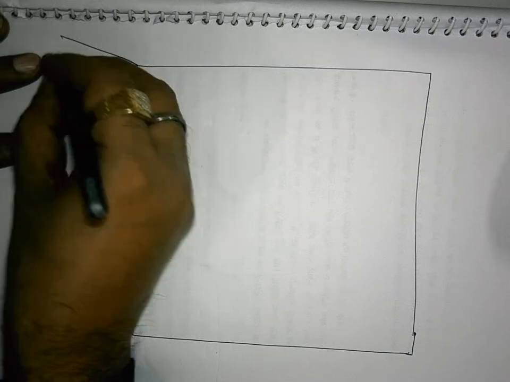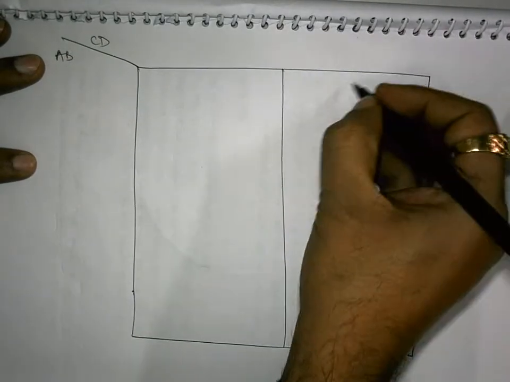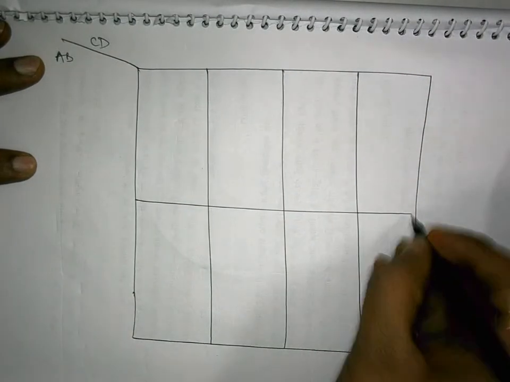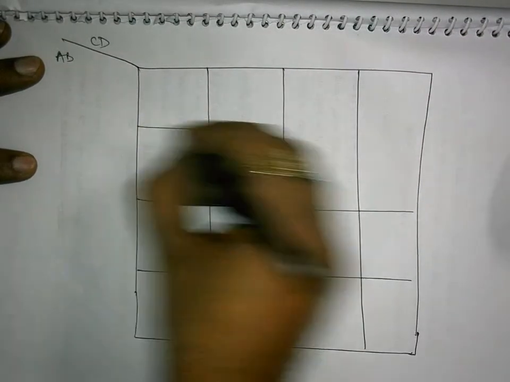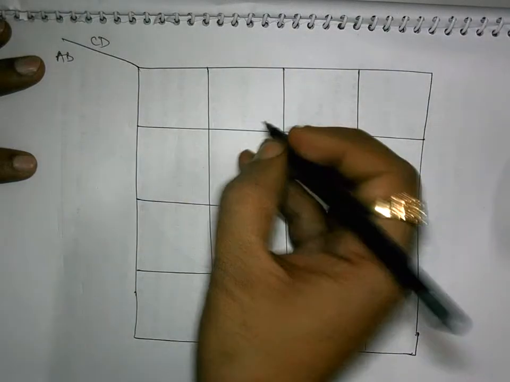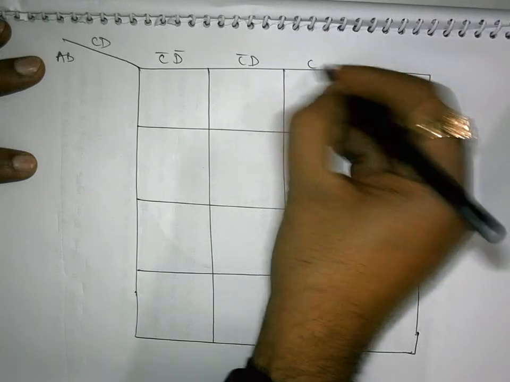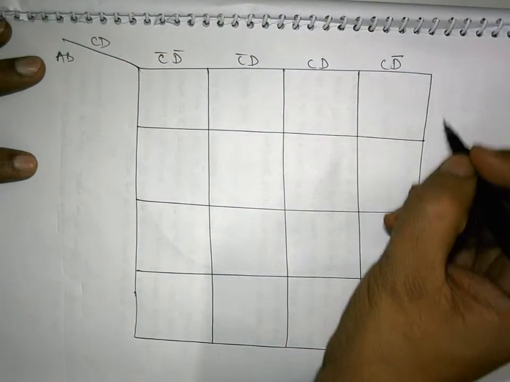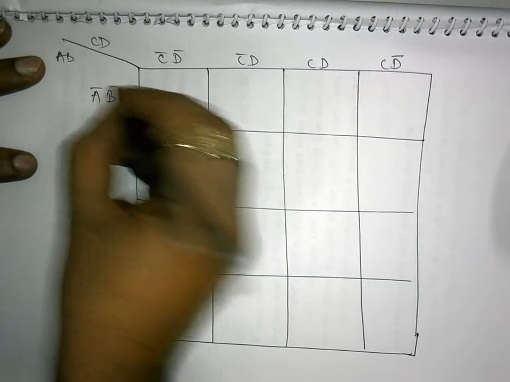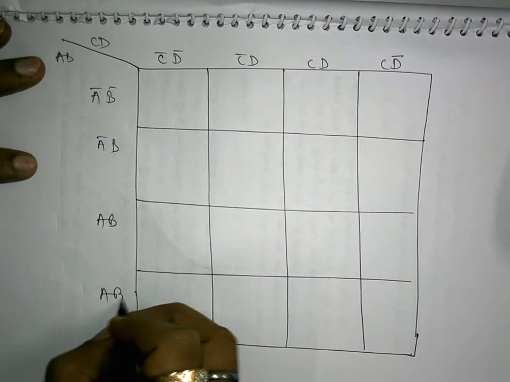So AB you take this side and CD this side. If you map, this will be C bar D bar, C bar D, CD and CD bar. And this will be A bar B bar, A bar B, AB and AB bar.